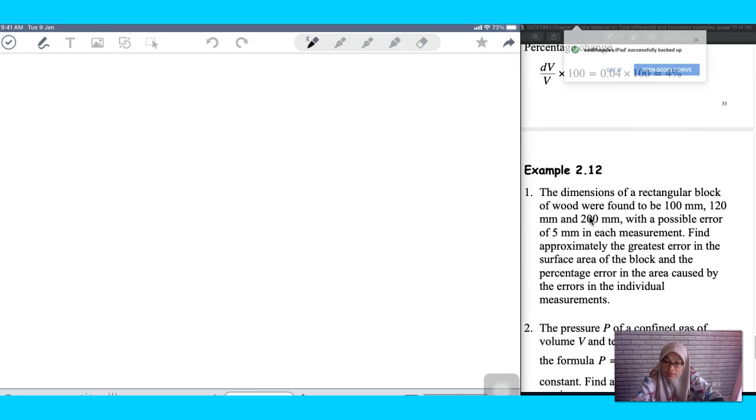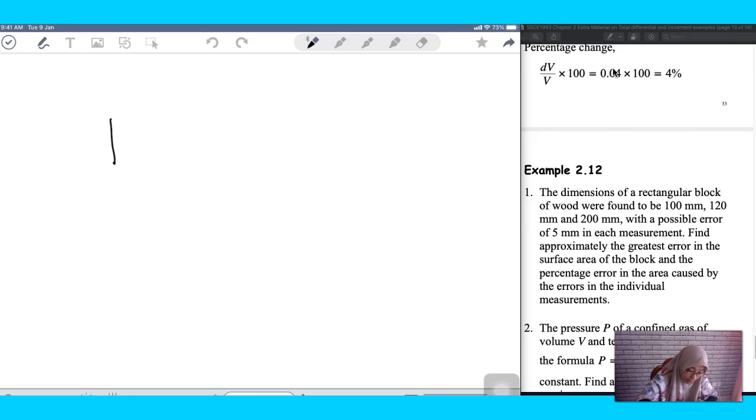Imagine you have a block of wood found to be 100 millimeters wide, 120 long, and 200 high. They are all in the same unit. There is a possible error of 5 millimeters in each measurement.